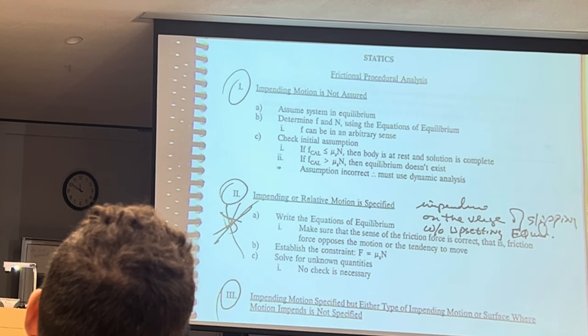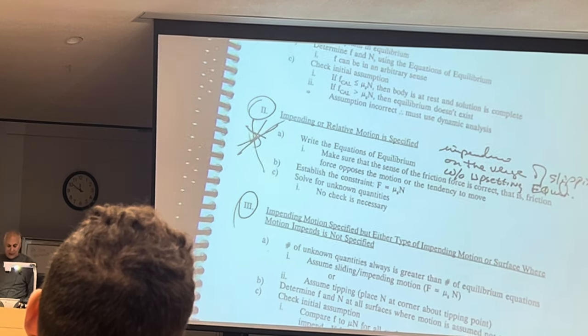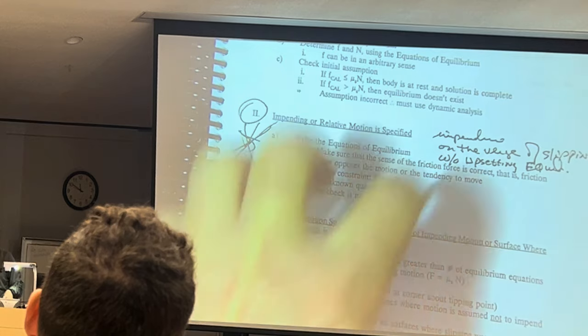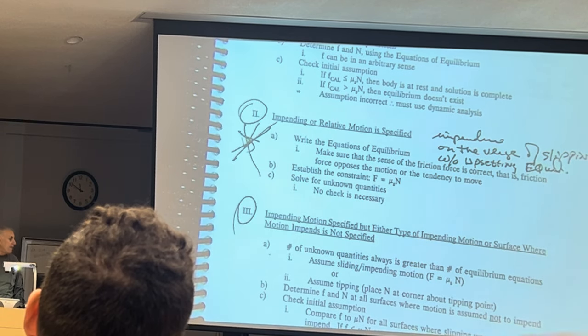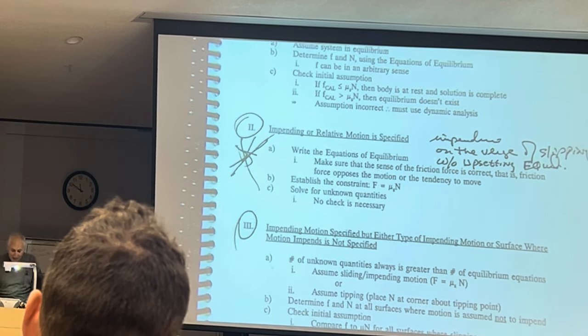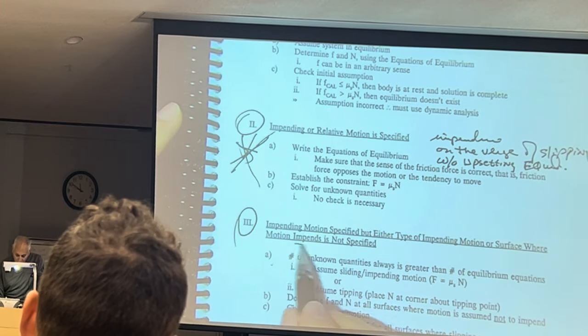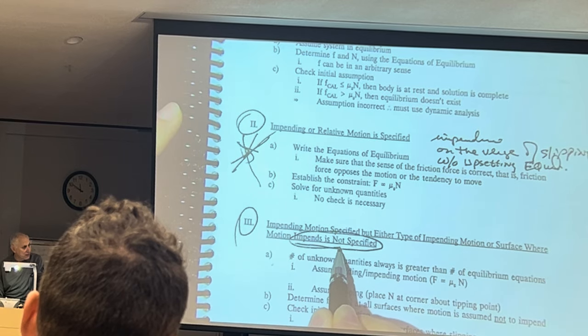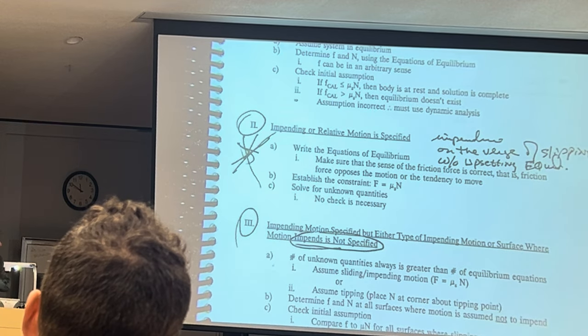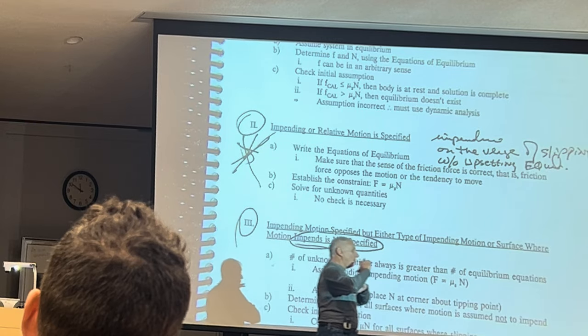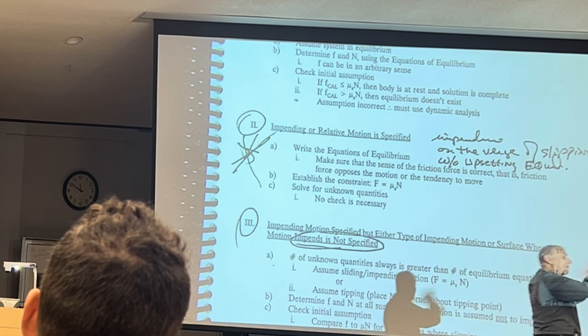Okay. The next easiest is number 3, where it says impending motion, on the verge of slipping, whatever. Except now, you don't know whether this impending motion is slipping or tipping over. Well, if it's going to possibly tip over, it must have a moment that tips it over.